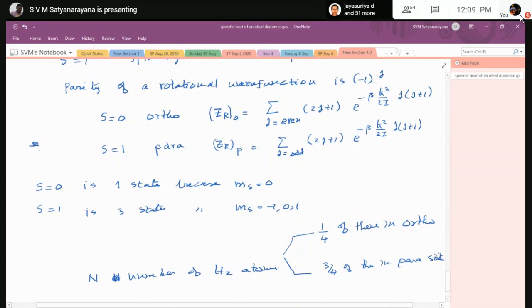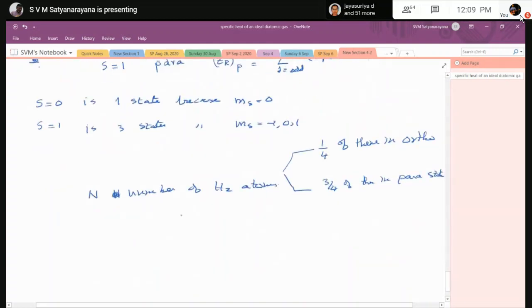So what you can do is calculate your C_V by nk_B as 1/4 times C_V by nk_B associated with ortho plus 3/4 times C_V by nk_B of this para.